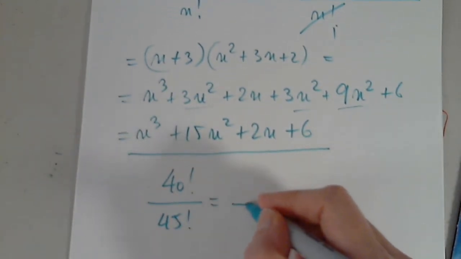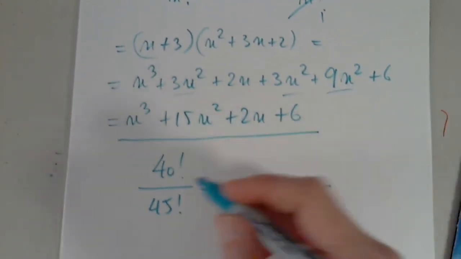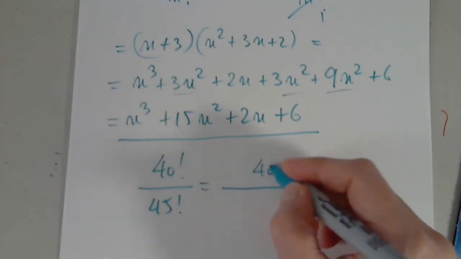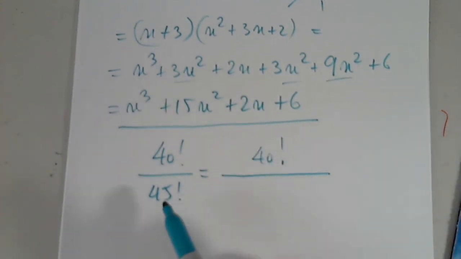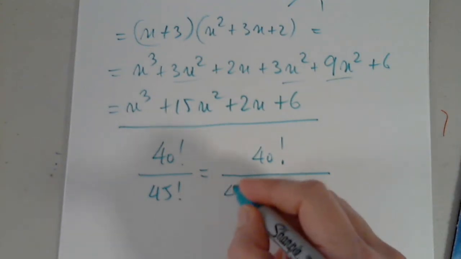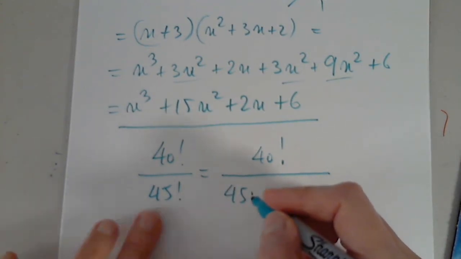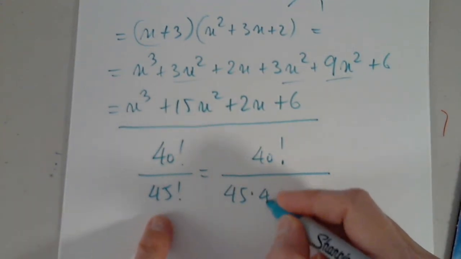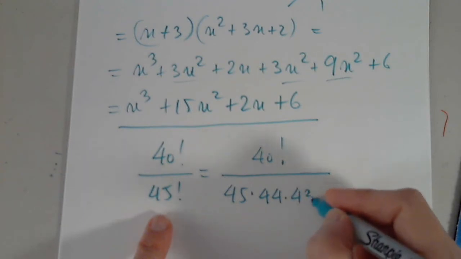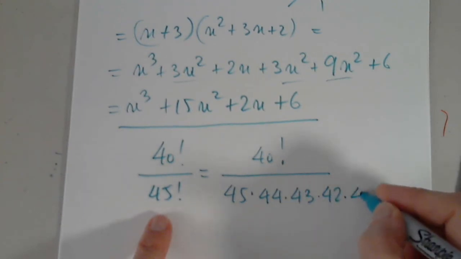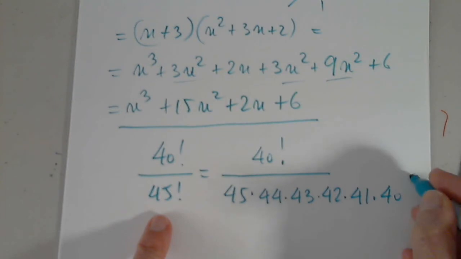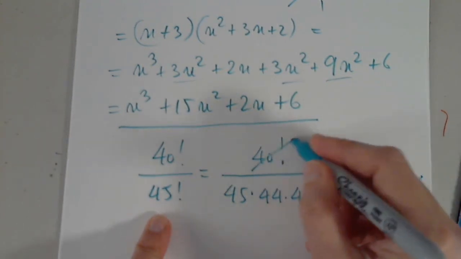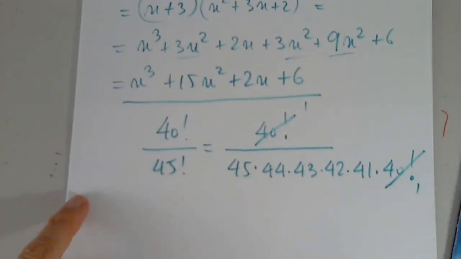So first of all, the numbers are extremely big. I see that the smallest is 40, so I'm going to leave it alone. And then 45 factorial is 45. I always start with what I have here and subtract 1 and subtract 1 and subtract 1 and subtract 1 and subtract 1, but I stop because I can simplify.